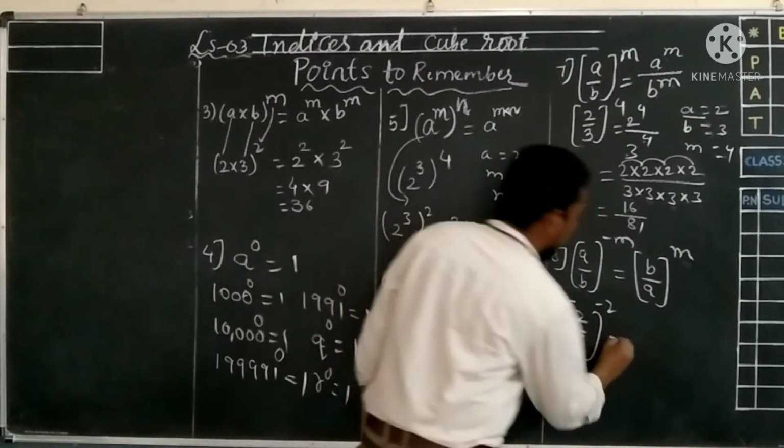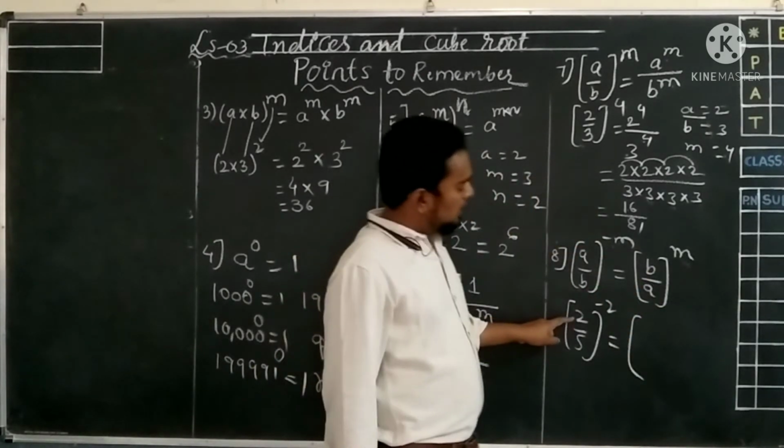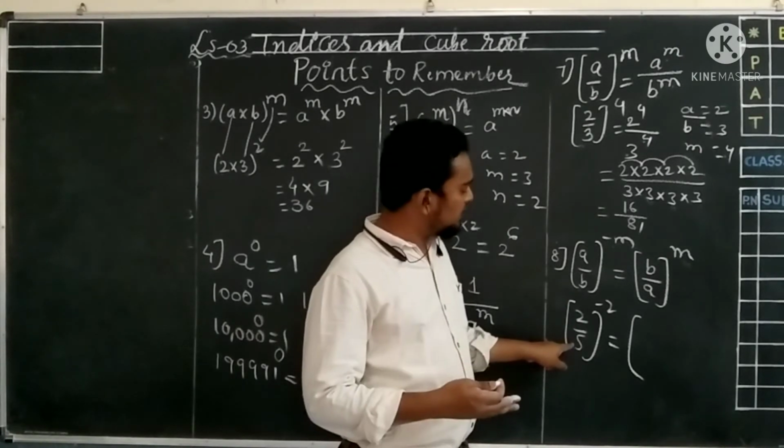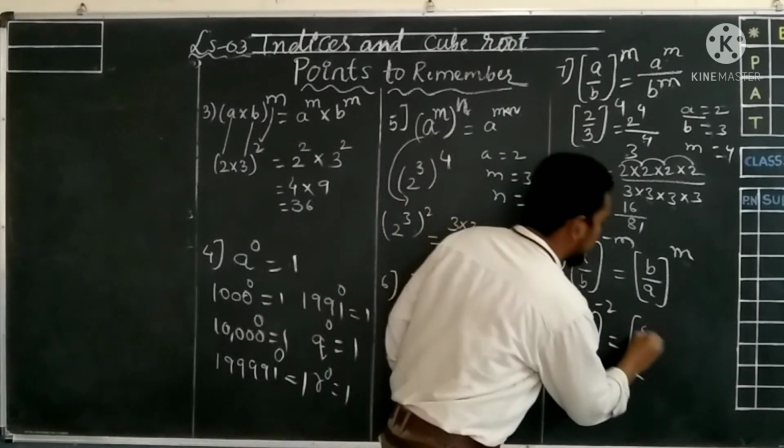Here also, now we will interchange 2 upon 5 to 5 upon 2.